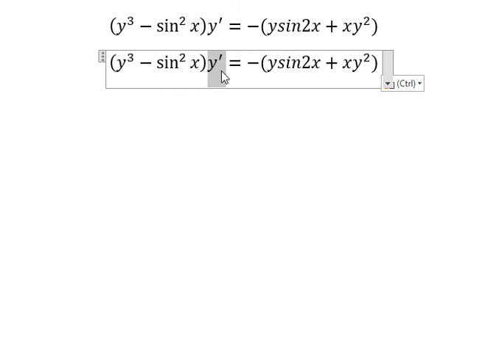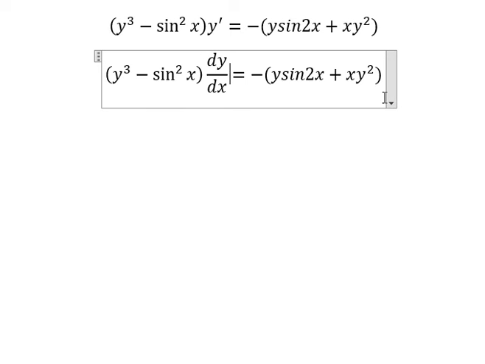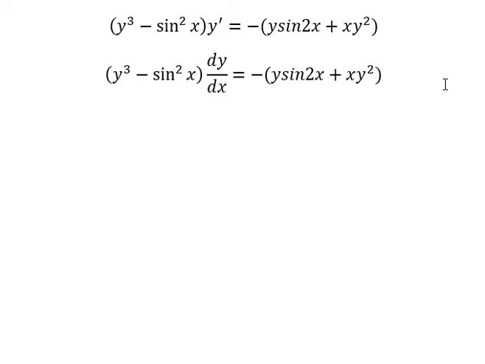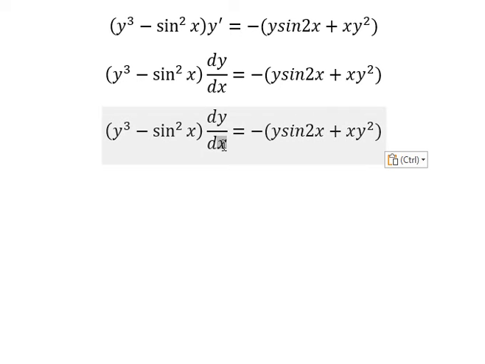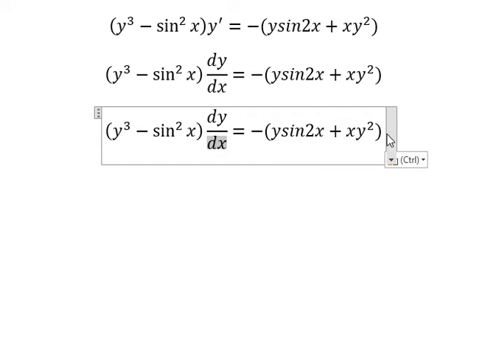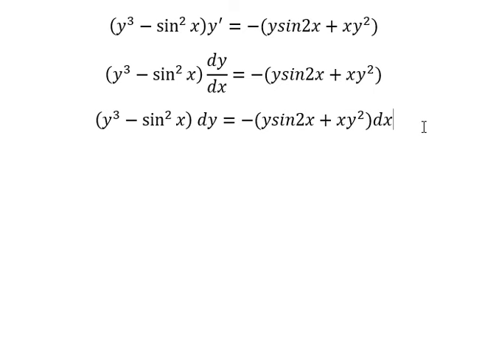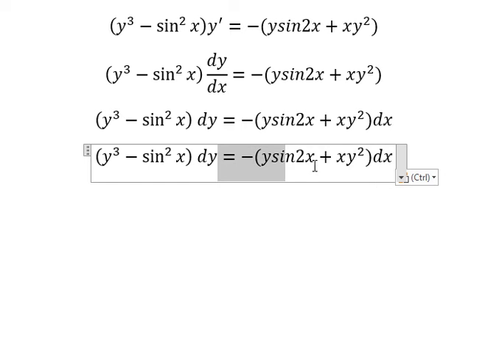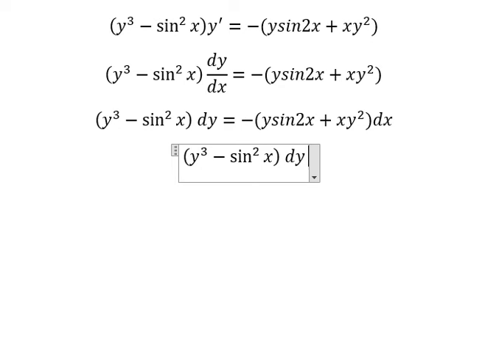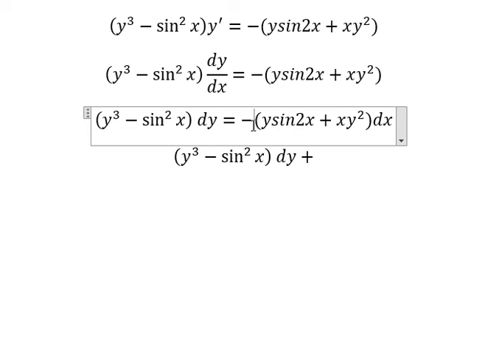About this one, we need to change into dy over dx. Next, I will put this one to the right. Next, I will put this one to the left, and we have the negative into positive.